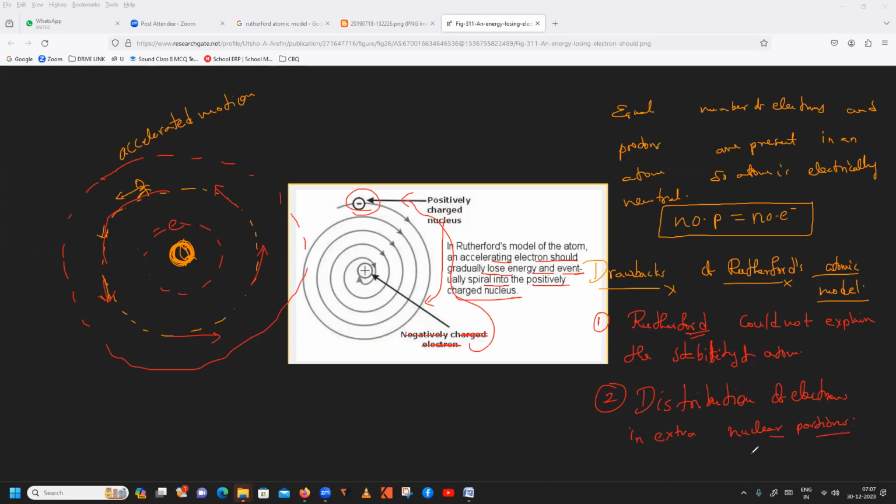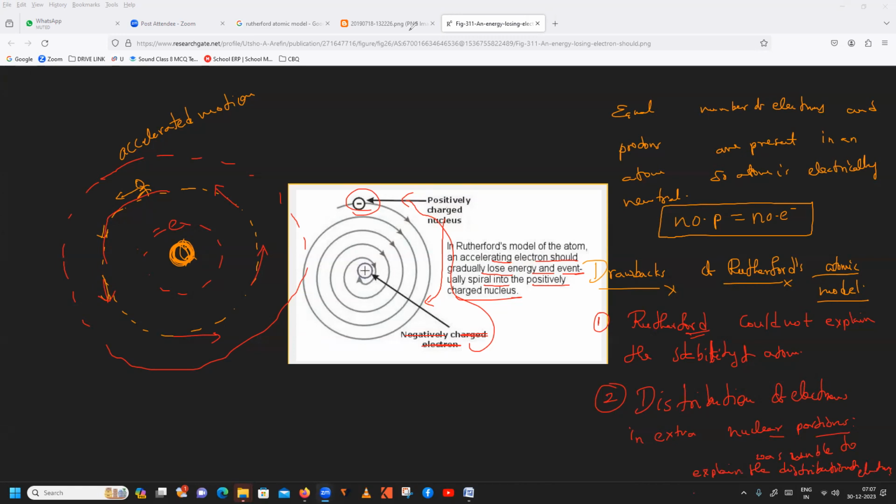Second one, Rutherford was unable to explain the distribution of electrons. I hope you all understand. Anybody having any doubt, please let me know.